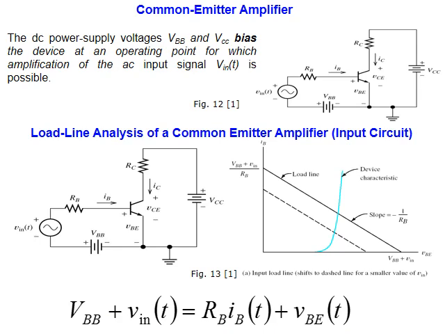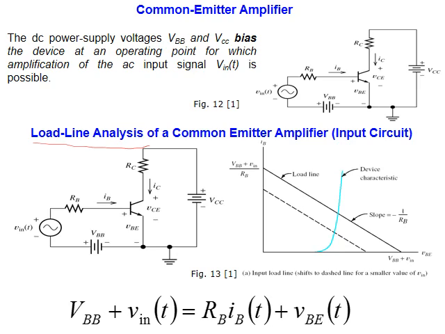Okay, load line analysis. You remember we discussed load line analysis in the diode. In the diode, we use load line analysis to find the operating point, meaning the current and voltage of the diode. The same thing happens in the transistor, but the difference is we have two characteristics, input and output.